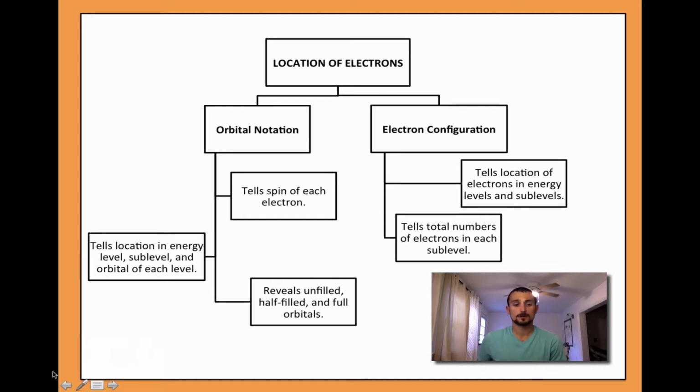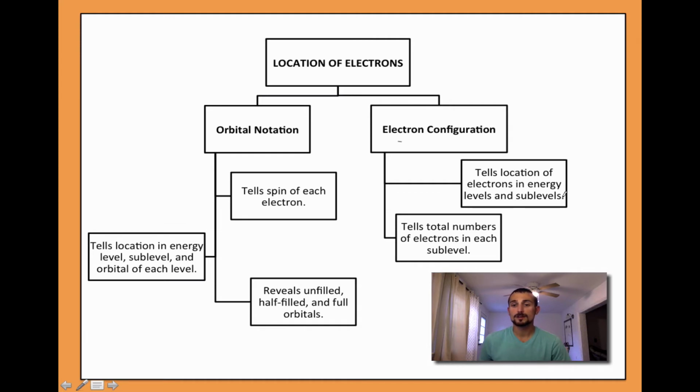Now in order to determine the location of electrons, we are going to deal with orbital notation and electron configuration. So electron configuration is the quickest and most straightforward of the two types of notation, but it doesn't really give us a full and detailed story as much as orbital notation does. But orbital notation is much more time consuming.